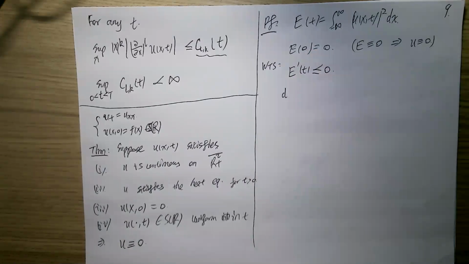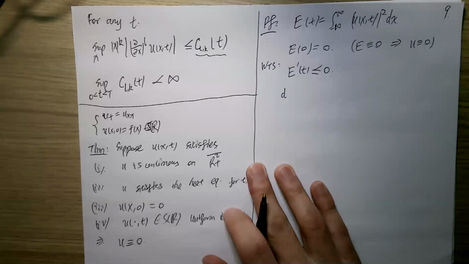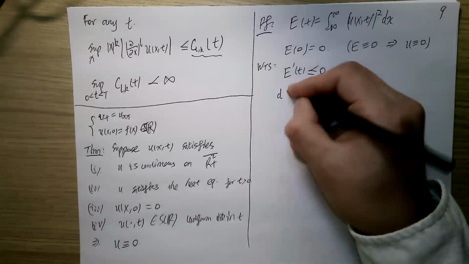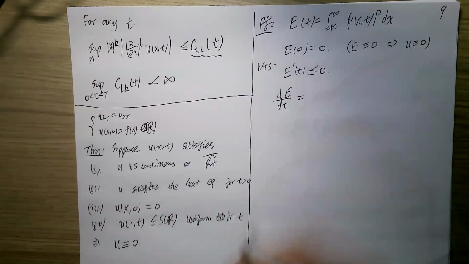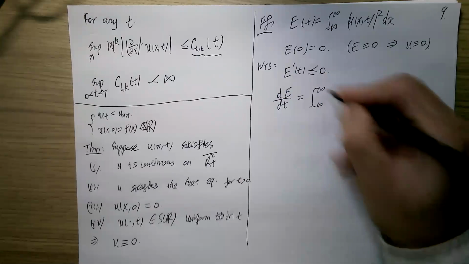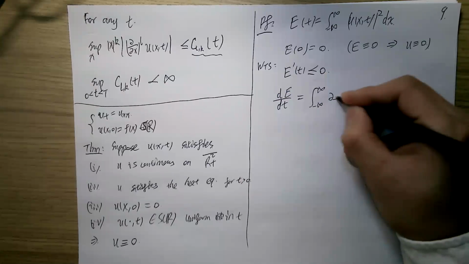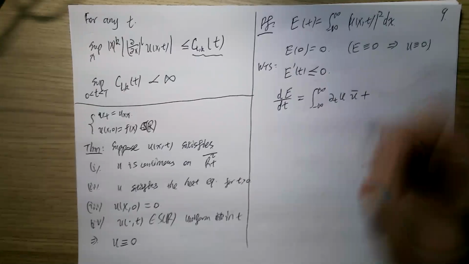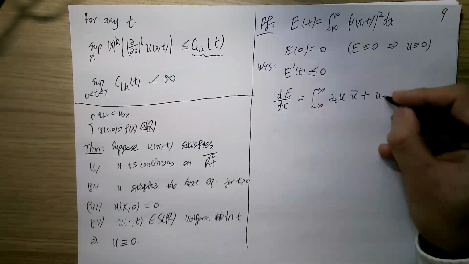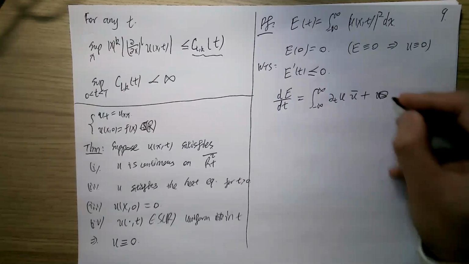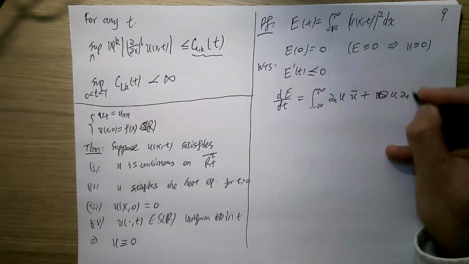This is something you have done before in your homework. Let's take the derivative. If you take the derivative, it will be this plus u partial t u bar.